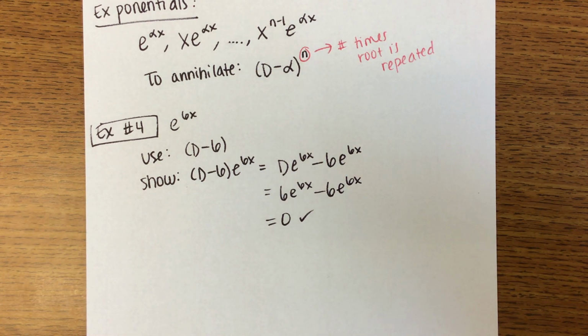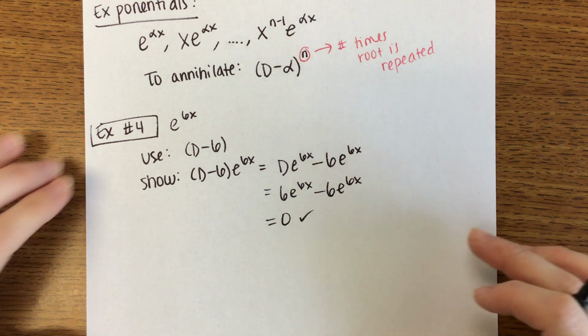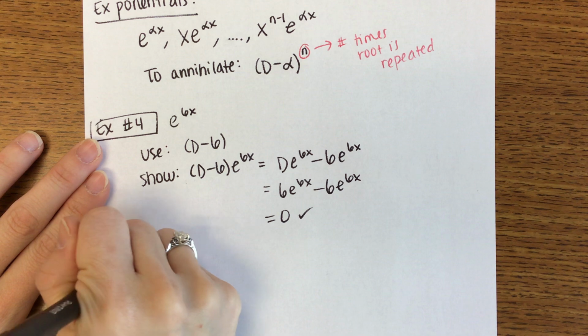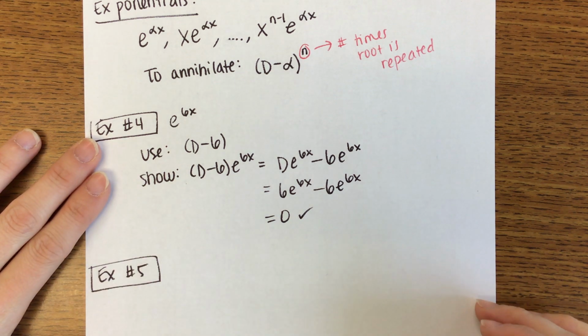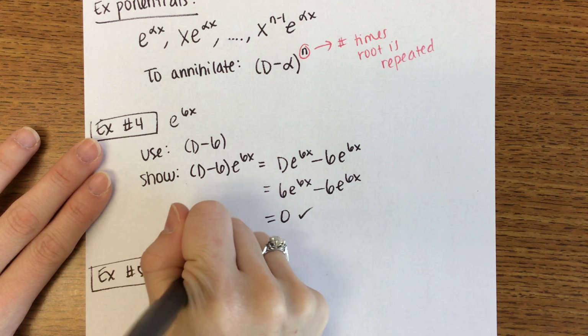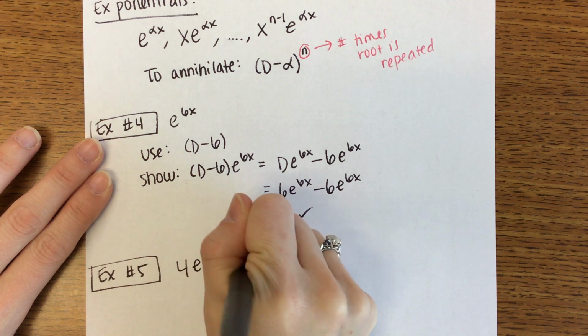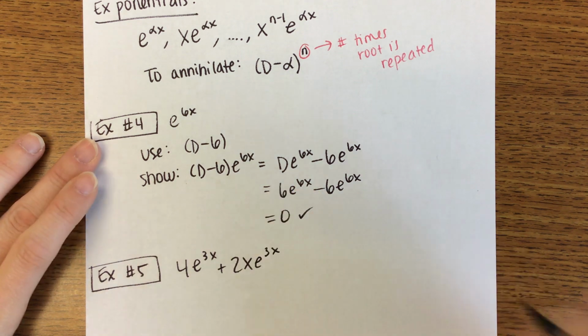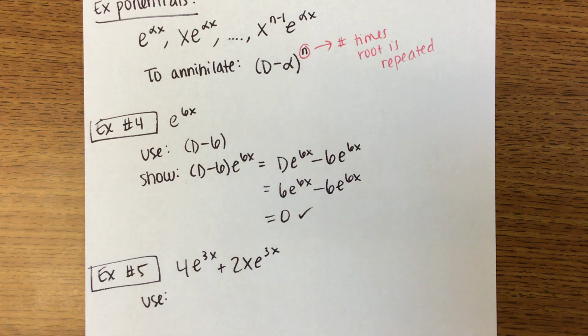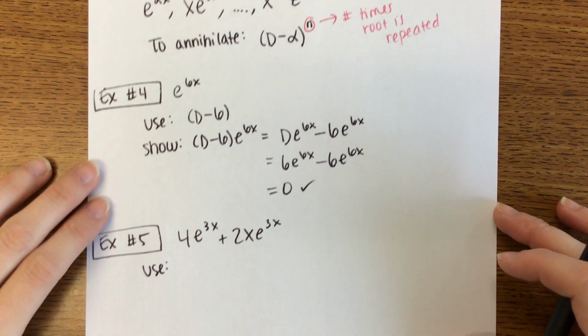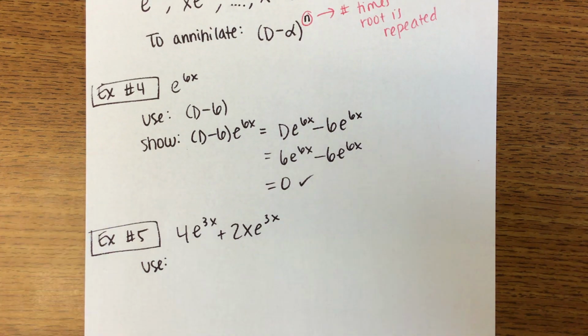Questions so far? No. Okay. What if we have 4e to the 3x plus 2x e to the 3x? In that case, what are we going to use as our annihilator?